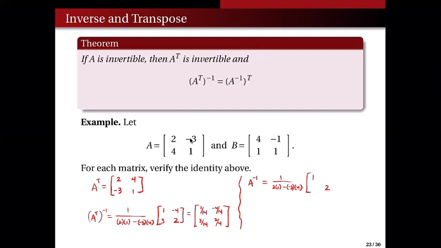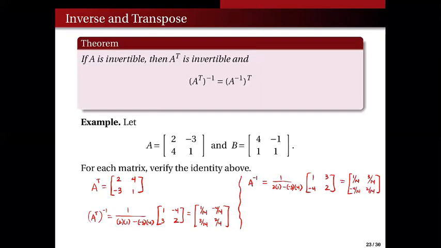You negate these two guys, so you have negative 4, positive 3. So if we simplify this, you have 1 over 14, 3 over 14, negative 4 over 14, 2 over 14. So this is the inverse.